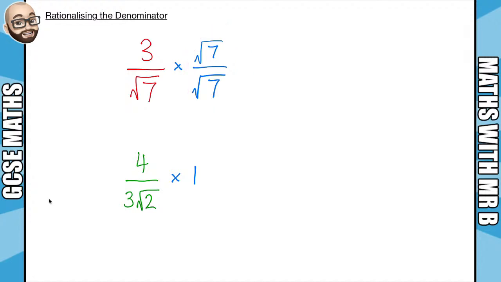It's not changing. But now when I do the multiplication, it's top times top, bottom times bottom. 3 times root 7 is 3 root 7. And root 7 times root 7, a surd times by the same surd, just equals whatever number it was, which is 7. And that is my answer.